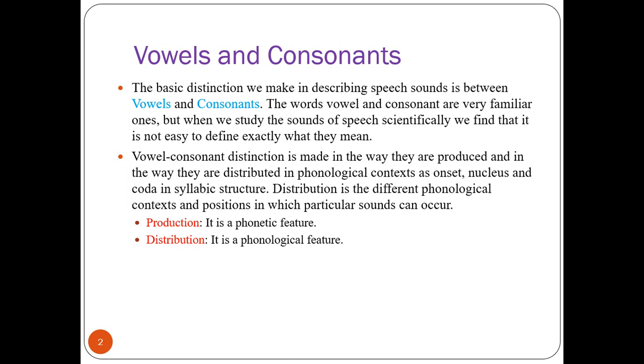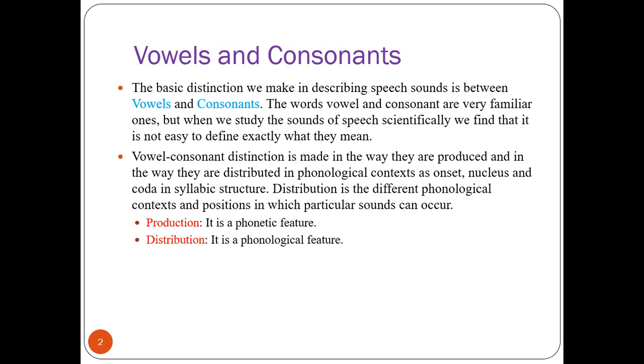Another criterion that we can take is that of distribution, how sounds are distributed. Why? Because vowels cannot occur in place of consonants, and consonants have got their own places. In their own environment they may occur.